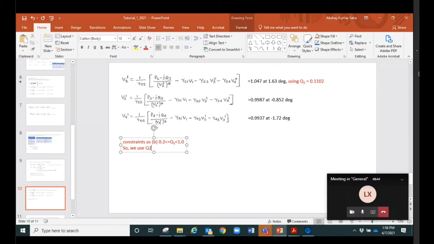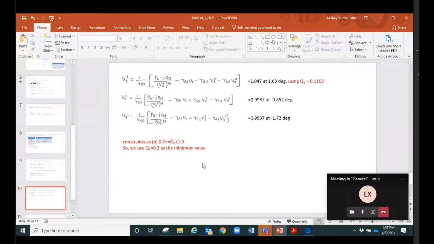For example, if you found that your Q2 value was 1.2, it's also outside the limit but on the maximum side. So we'll choose 1.0 in that case.